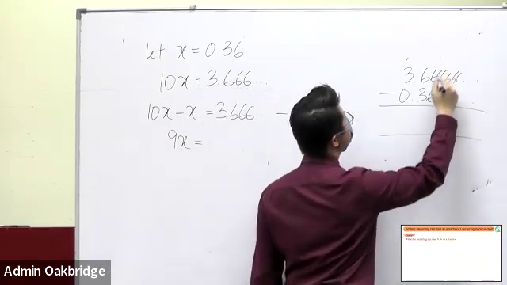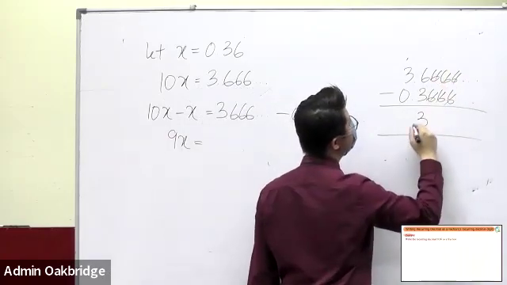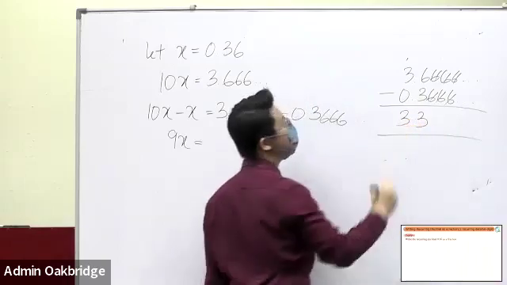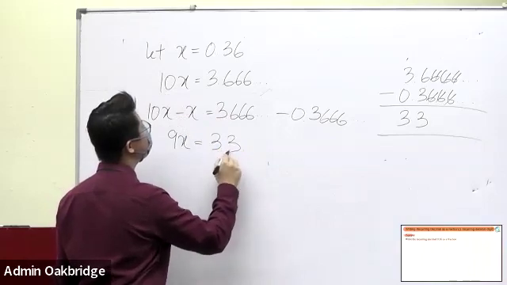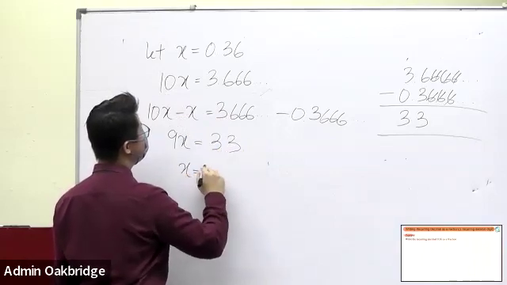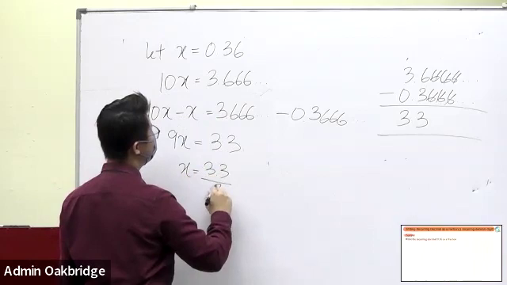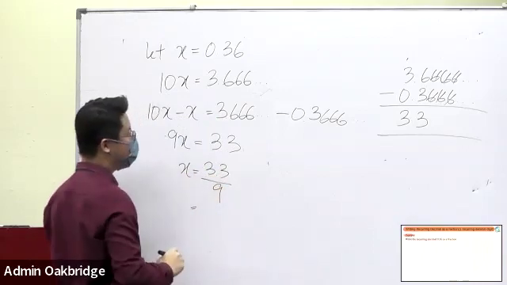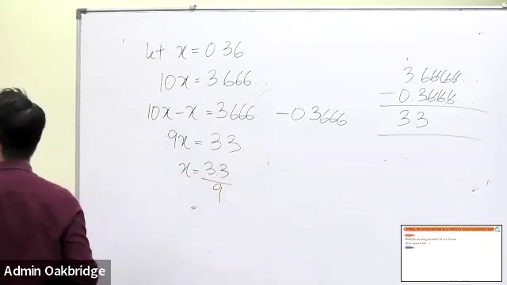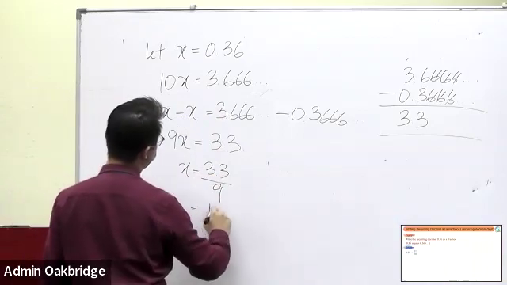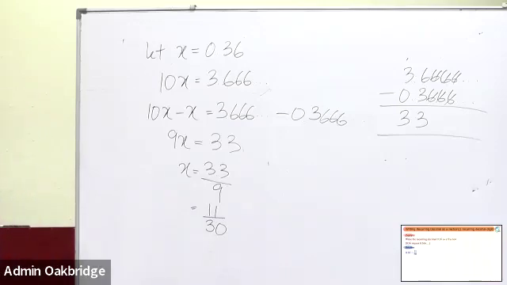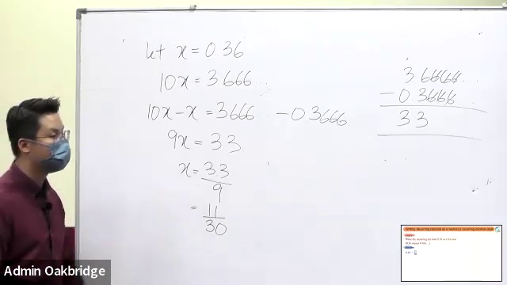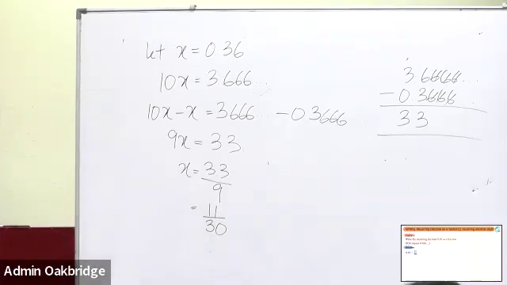Now you are left with 3.3. So x equals 3.3/9. That gives you what? 11/30. You can use a calculator to find out this value. All right, let's move on to this one.